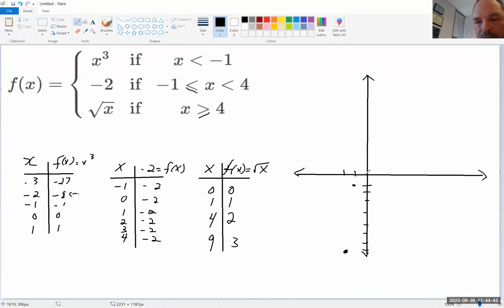0, 0, that's gonna be here. And then 1, 1. So 1, 1 is over here. Now I have quite a bit of experience with this curve. And so I know that it's gonna go something like this.